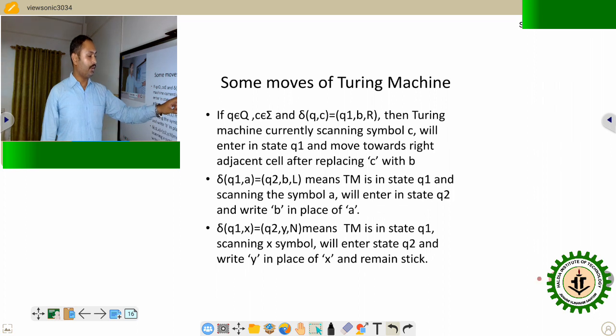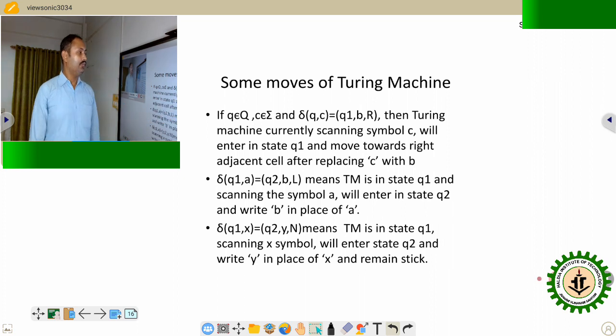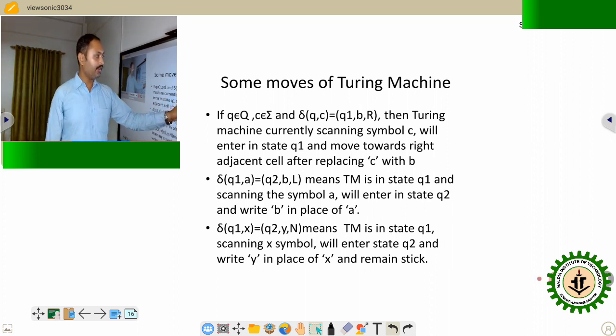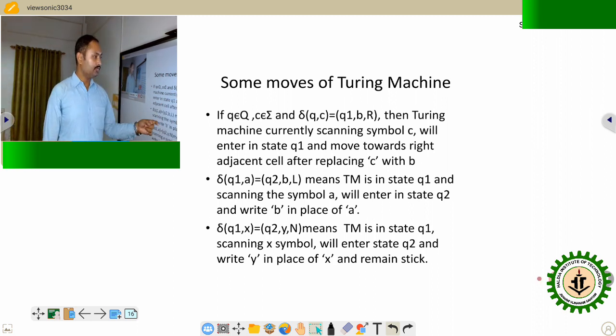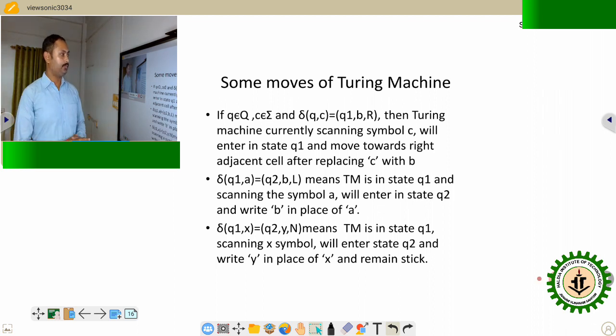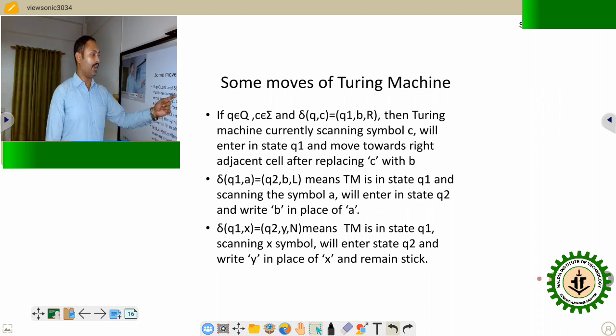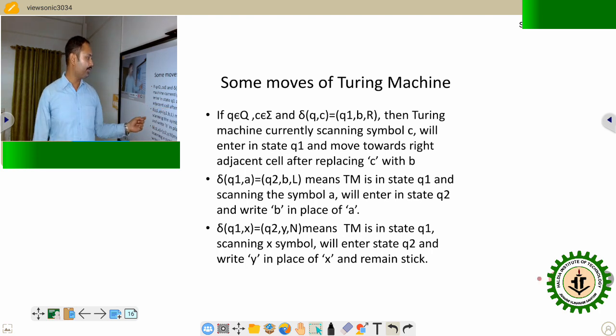Control machine scanned the input symbol C and it will write a symbol B over C. And after performing the write operation, what will be the direction of read-write head? The direction is right. So capital R means it will go in right direction after performing this write operation. So the Turing machine currently scanned the symbol C, will enter state Q1 and move towards the right adjacent cell after replacing C with B.